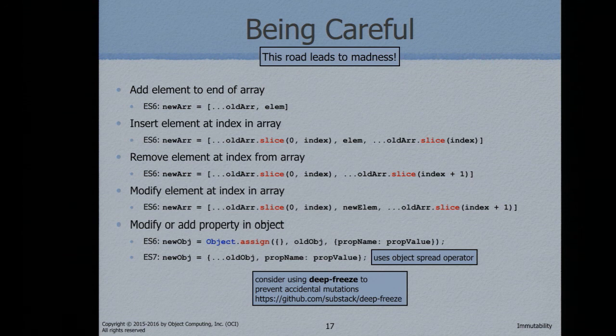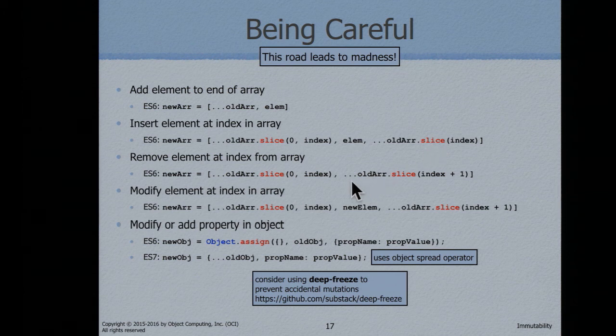So in this example, this old array right here, I'm spreading that out inside a brand new literal array and then adding a new value to the end. So if you think about what's happening here, I'm taking that array, exploding it in place, and then creating a new one. So if I need to insert an element at a particular index, like right there, I could use slice on my array and grab the beginning part, and then over here I use slice again and grab the end, and then stick the new one in the middle and create a new array.